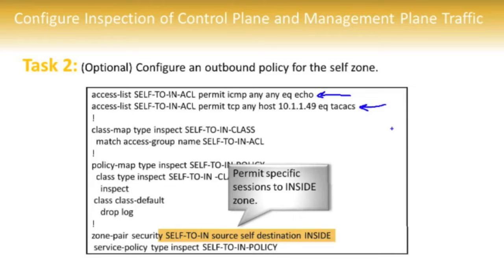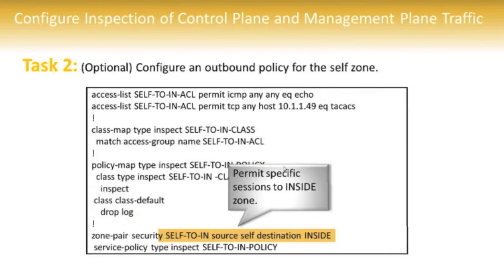So there's the definition of that. We create the self to in class map. We create the self to in policy map, which is going to inspect that traffic and drop and log everything else. And then we create the appropriate zone pairing and assign that policy.